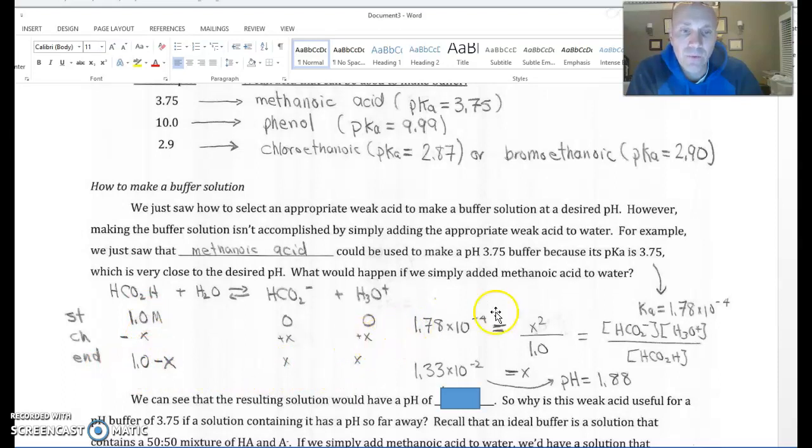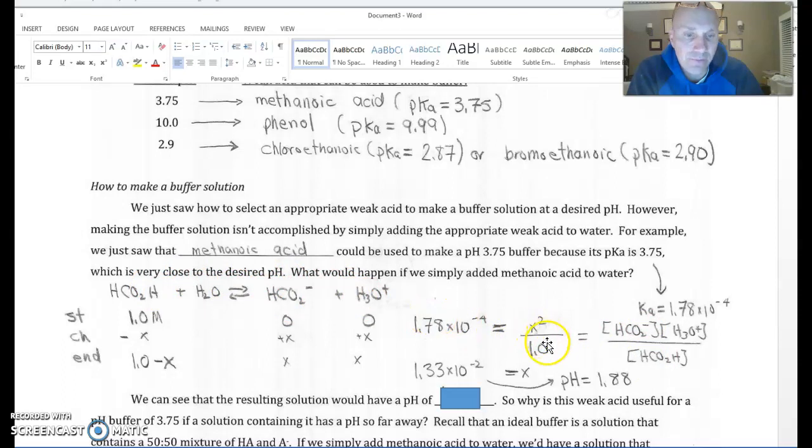Well, we know what the pKa is of methanoic acid. From that we could calculate its Ka. We could set its Ka equal to this expression right here, which comes from this reversible reaction.